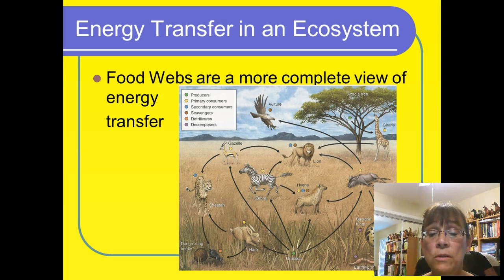Okay, so what we're looking at here are different feeding patterns. So let's start at the top where we see the lion. The lion has an extremely varied diet, and the arrows that are pointing to the lion mean that that's where energy is coming from. The lion is getting energy from the gazelle, the zebra, the wildebeest, and the giraffe.